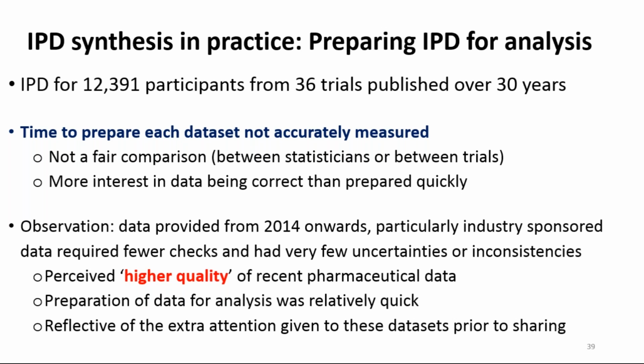So this meant that it was a lot quicker for us to prepare the data, and I did perceive a general higher quality of this recent pharmaceutical data, which I think is reflective of the extra attention being given to these data sets prior to sharing, such as data transparency teams within companies looking over the data and anonymizing it prior to sharing with researchers, rather than perhaps some of the academic data sets which had sat on computers for years and hadn't been looked at before they'd been sent to us.